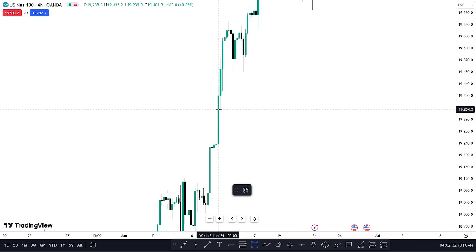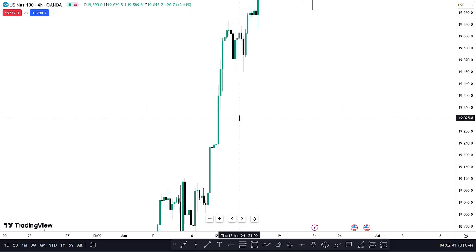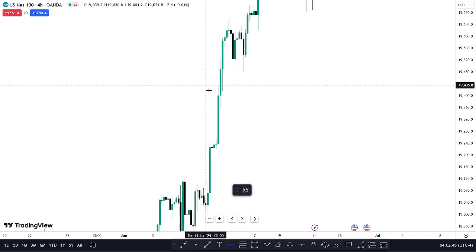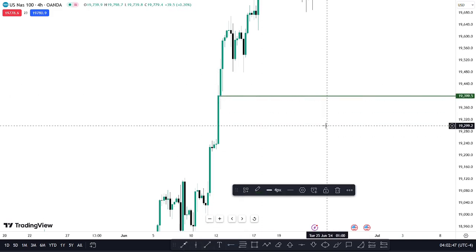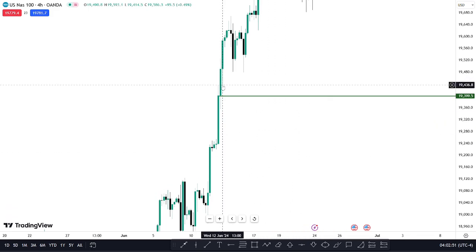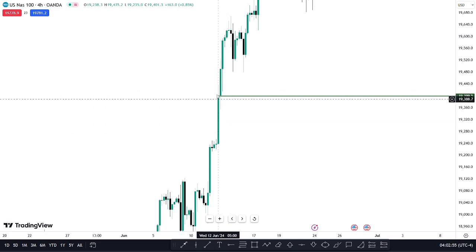So this one right here, this is the 5 a.m. candle. We had that fair value gap right there. So you're not going to look at that fair value gap. Instead, after it has closed right there, the question is whether you are going back or going up.